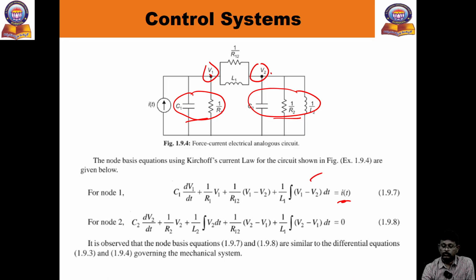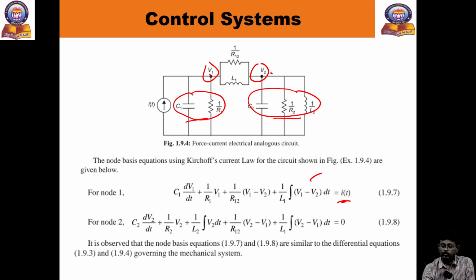Then coming to the next node, writing the equation for each node. For the single element connected, C2 dV2/dt. Similarly for this element (1/R2)V2, and for this element (1/L2) times the integral of V2. Then between the two elements, (1/R1)(V2 minus V1), whereas the previous case was V1 minus V2, and similarly (1/L1) times the integral of (V2 minus V1).